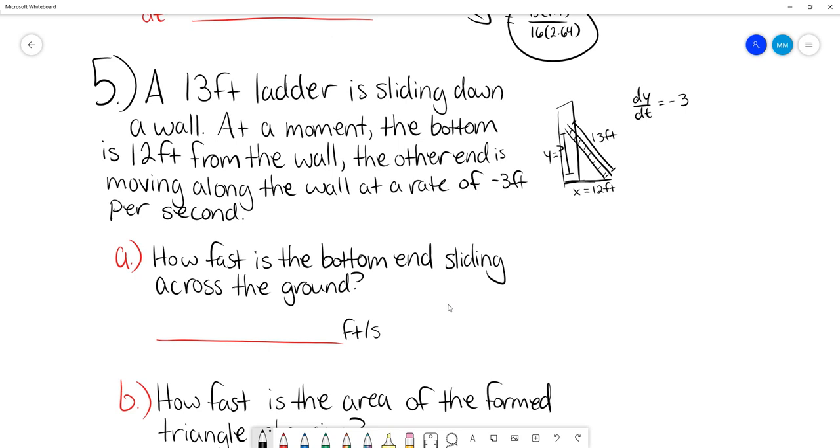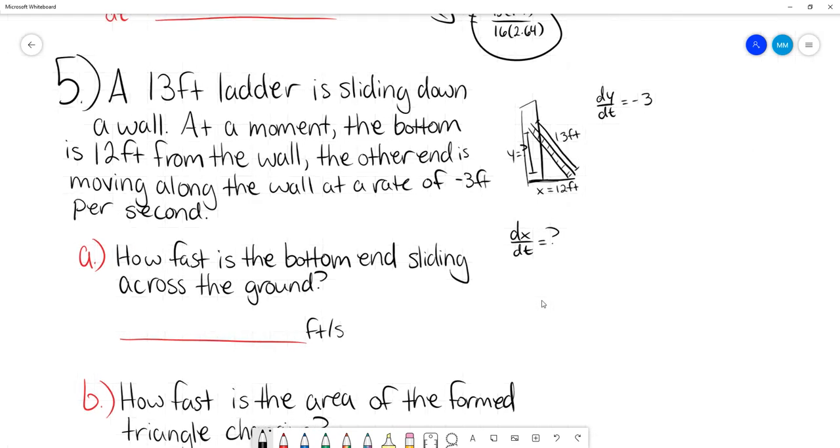So the first question is, how fast is the bottom end sliding across the ground? Well, that means that we want to find what dx dt is. That's what we're looking for. And the first thing I see is that this forms a right triangle where we don't know one of our sides. So I'm going to use my Pythagorean theorem here. x squared plus y squared equals, in this case, c squared, which is 13 squared.